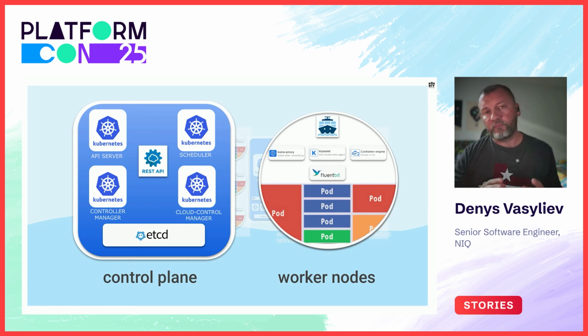To really build a controller, you need to understand the architecture of Kubernetes itself. The control plane makes cluster-wide decisions. The Kube API server is the front door, the single place where all interactions happen. The etcd database stores the entire cluster state.